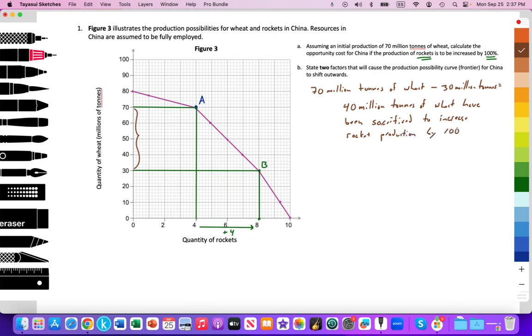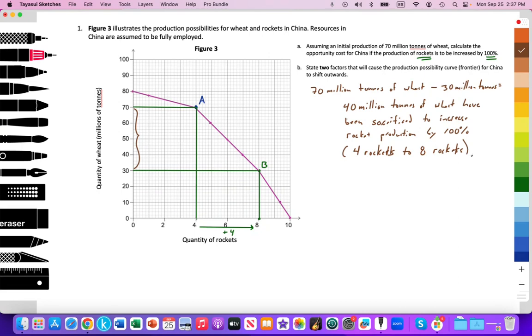by 100%. All right, that's going to take us from 4 rockets, excuse my spelling, to 8 rockets.